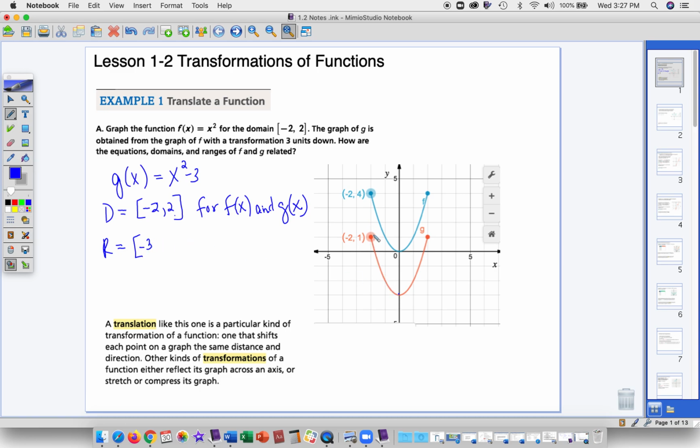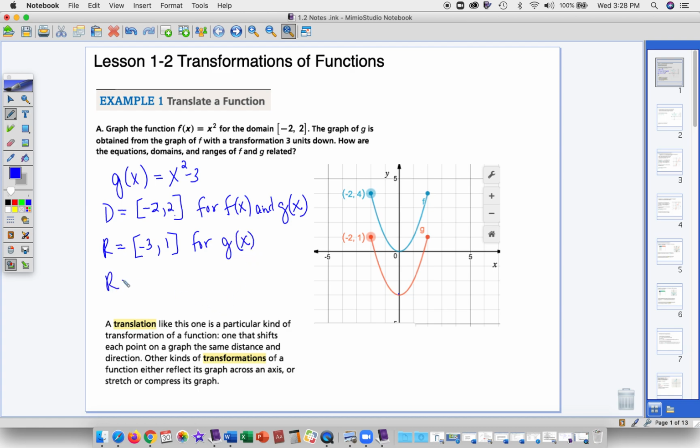And normally we'd say it keeps on going, but again, we have this restriction where we cut off the graph where x is -2 and 2. So our highest y value for the g of x graph is at +1. And again, we're including that value. So this is for g of x.